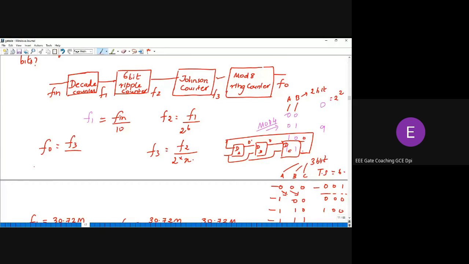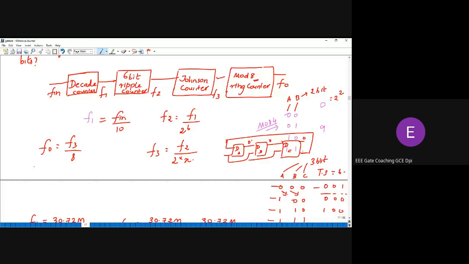In a mod 8 counter, how many states are there? In a mod 8 counter, the name itself says 8.